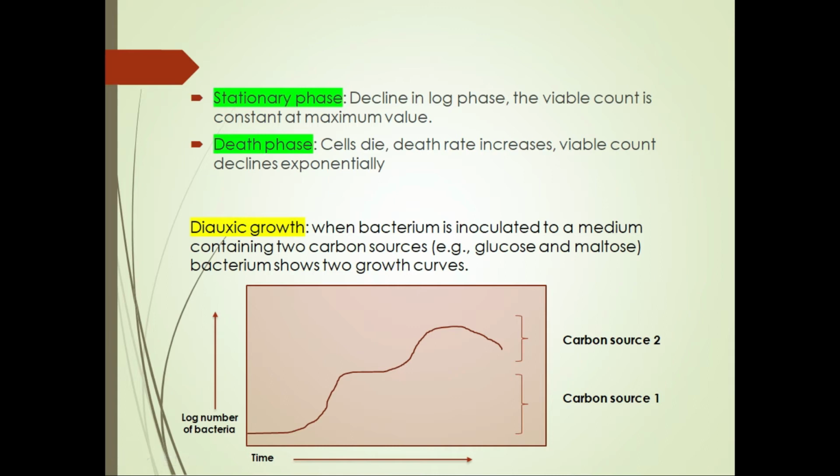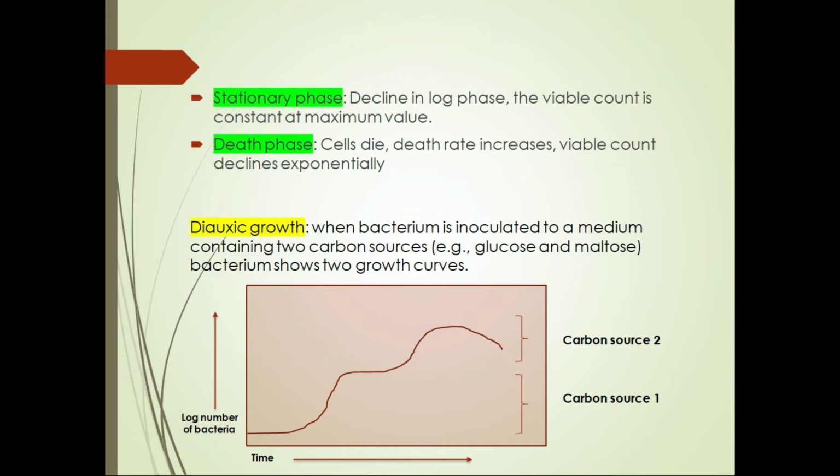After stationary phase, we'll see another lag phase, and in this lag phase the bacteria will prepare to utilize the second carbon source, that is maltose, and it will be followed by exponential growth phase, then stationary phase, and then again death phase, because there is no third carbon source here.